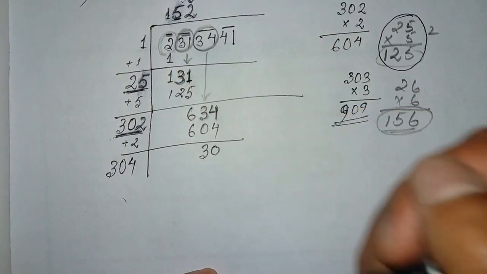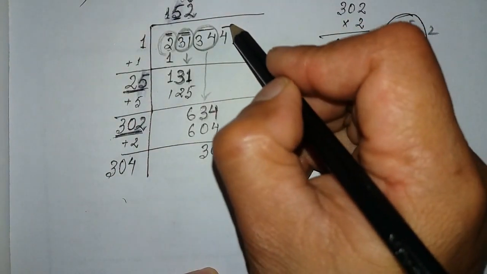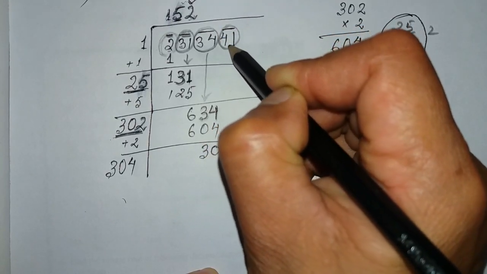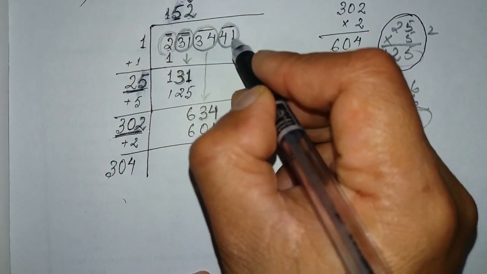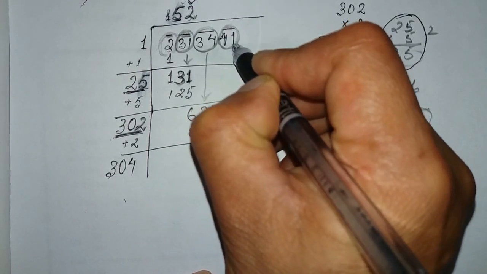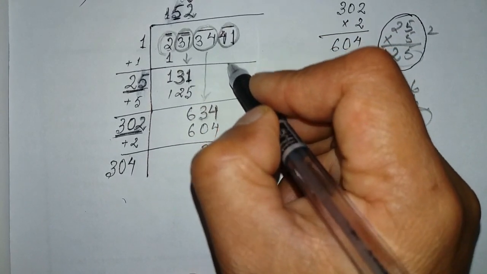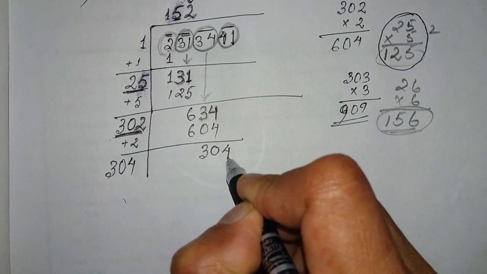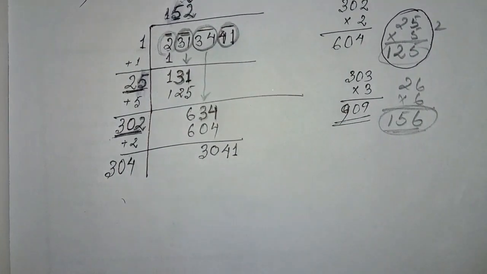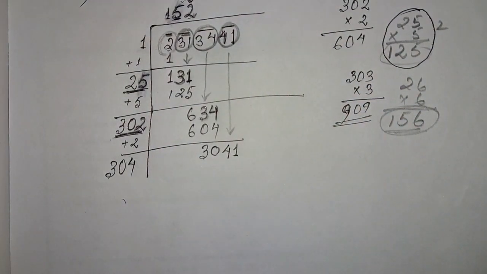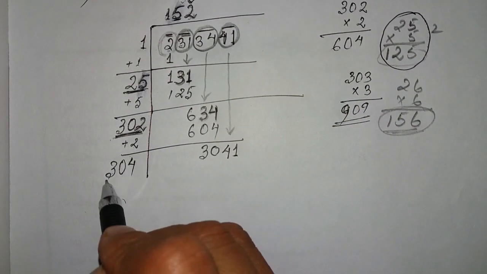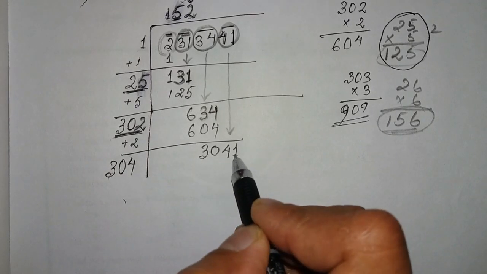Now again, inside we will take the next bar. The number formed by the digits below the bar is 41. So let's take down this 41. Now we have 304 here and 3041 here.